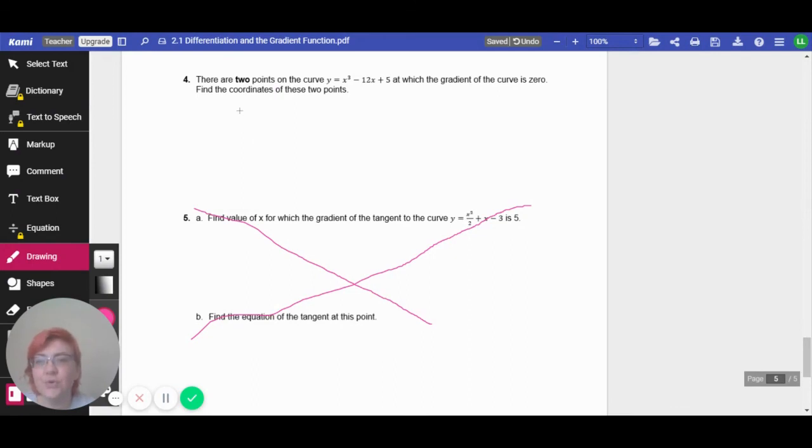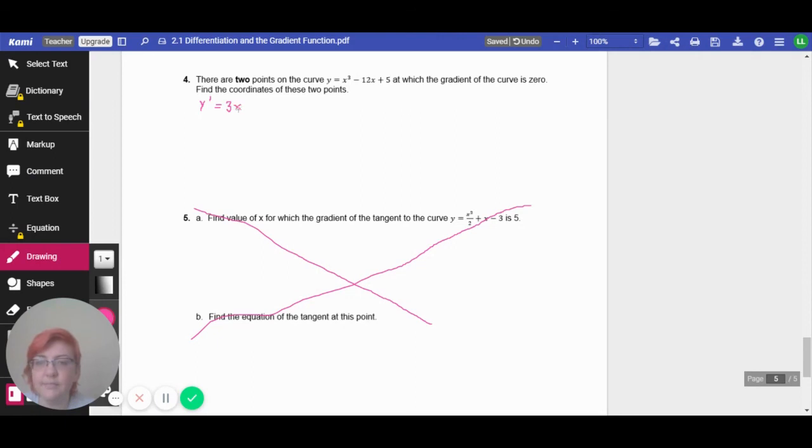All right. So we have 2 points on this curve where the gradient of the curve is 0. Let's find the coordinates of these 2 points. All right, let's start off with finding y prime. Now, y prime, I know that my n is 3, my a is 1. 3 times 1 is 3.